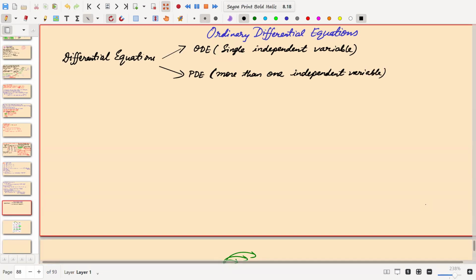So differential equations can be classified into two types. One is ODE, with a single independent variable, and another is PDE, partial differential equations, which have more than one independent variable.